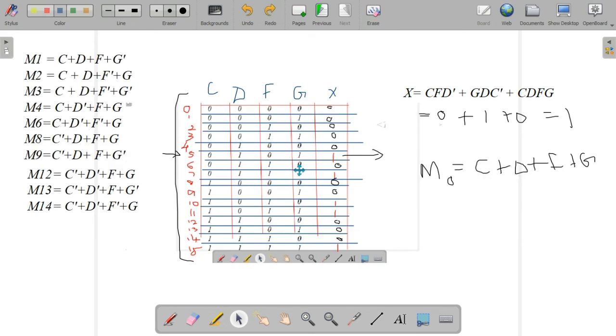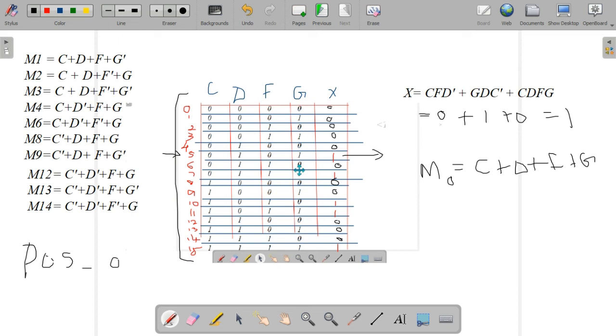So here M0 equals C plus D plus F plus G, and here I have written the other terms. You can check M1, M2, M3, M4, M6, M8, M9, M12, M13 and M14. The remaining all give the value 1. Since the expression is POS, you have to remember POS means we fill that particular max term position with zeros.